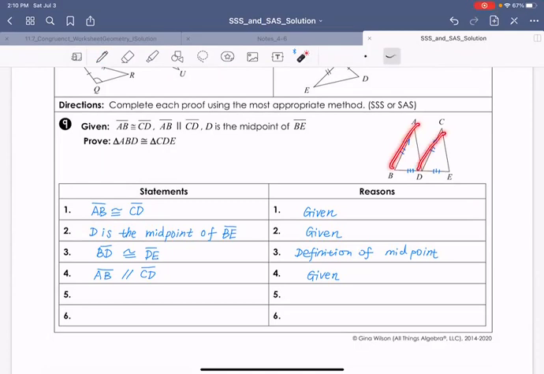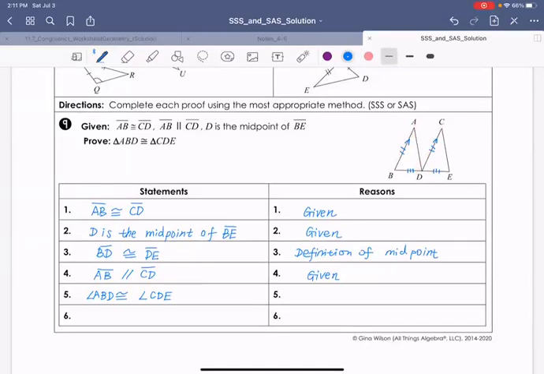And angle B is congruent to angle D. Be careful. This angle you can call angle B, no problem. This angle you cannot say angle D. So angle CDE. Next.